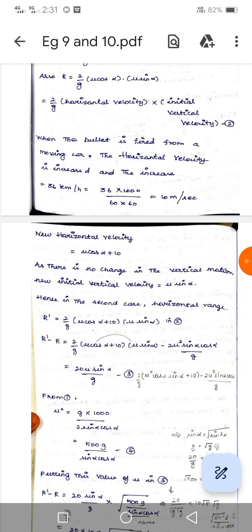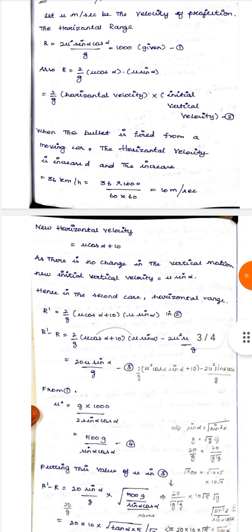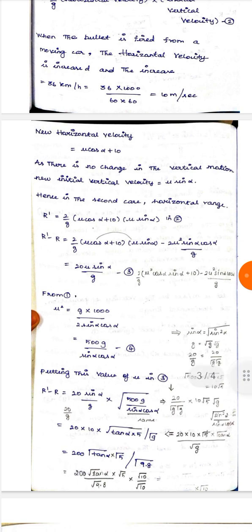From 4, u equals root of 500g by sin alpha cos alpha. Putting this u value in equation 3, R dash minus R equals 20u sin alpha by g, where u is root of 500g by sin alpha cos alpha.